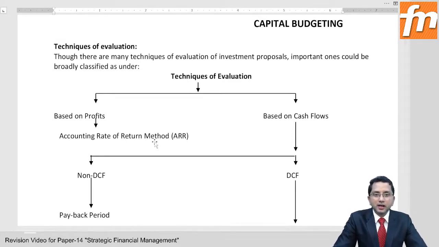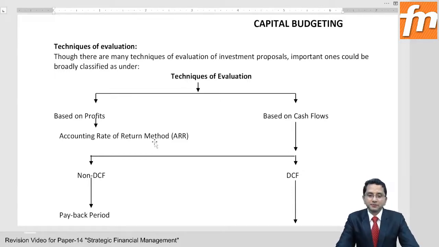In this revision, I will touch on special points, or let's say advanced concepts, in capital budgeting, some of the deep points and some of the basic points where students usually commit mistakes. This is how we are going to revise this chapter.